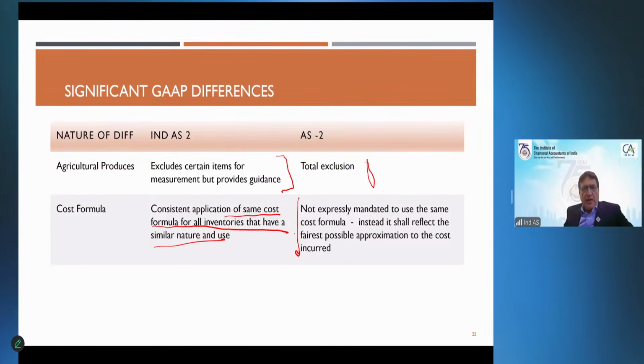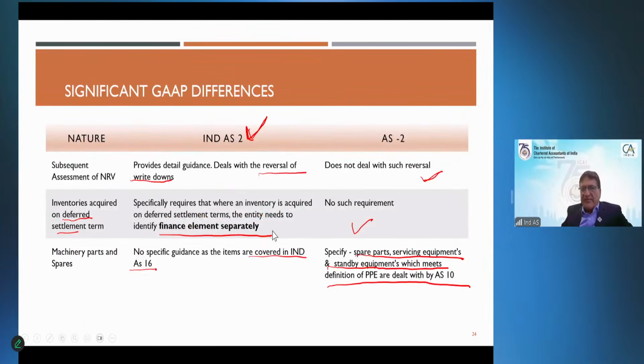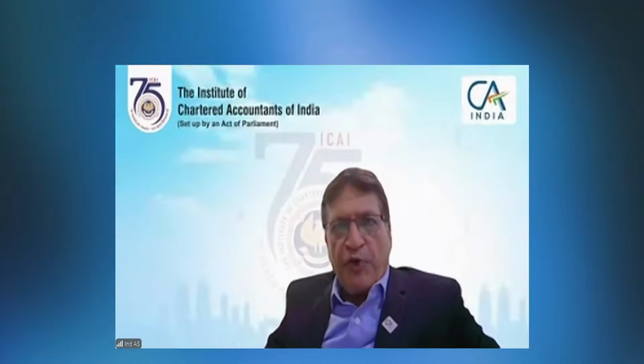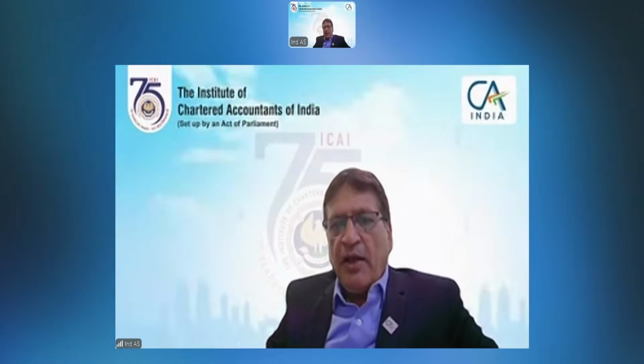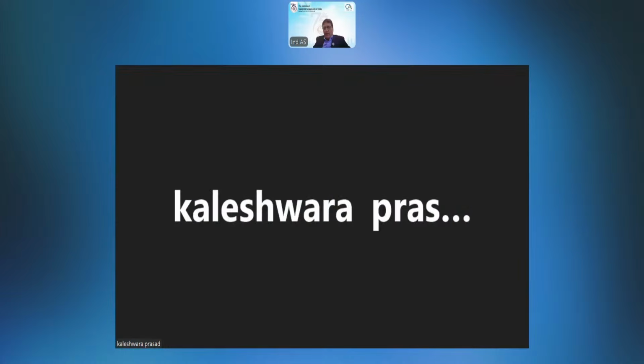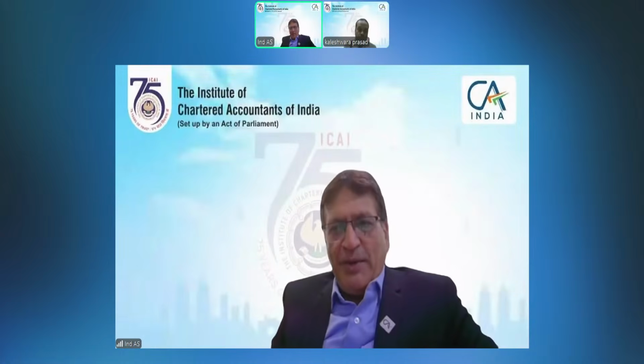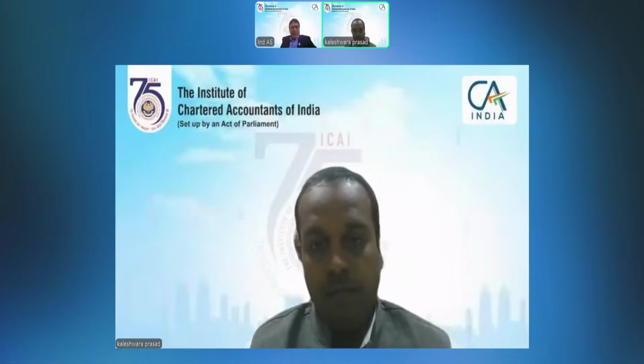So if I see broadly, there is no difference between Ind AS 2 and AS 2 except some enhanced guidance with regards to the finance element and reversal of write down. So that is all from my basic discussion, and I'll request all the participants to attempt the questions.